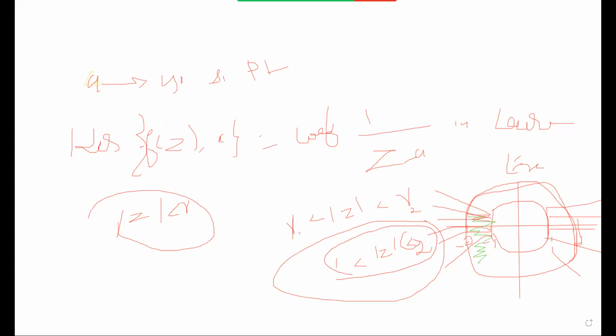This is nothing but the points which lie in between these two circles. These points satisfy the condition mod z greater than 1 and mod z less than 2. So in this region the Laurent series is valid.